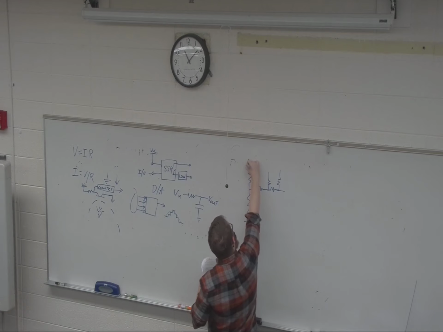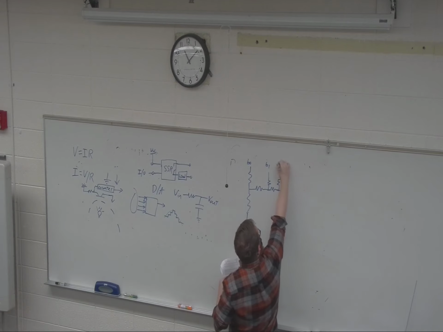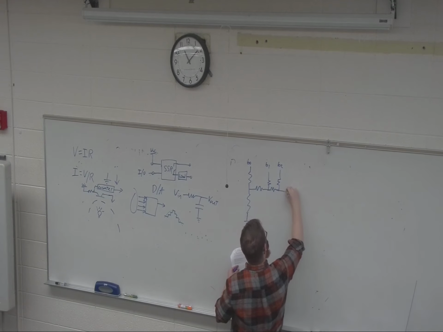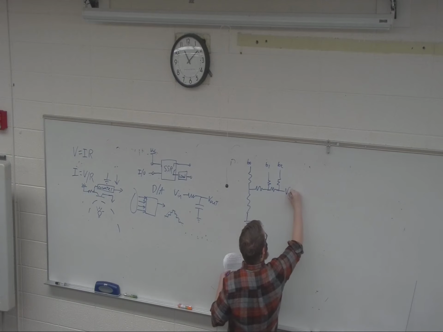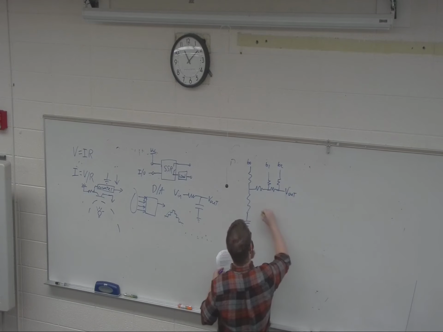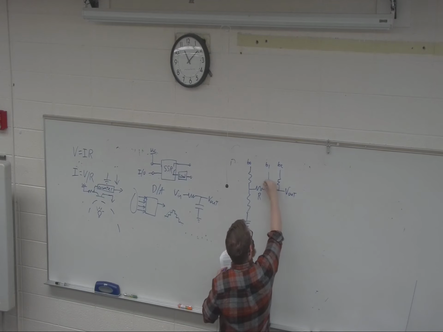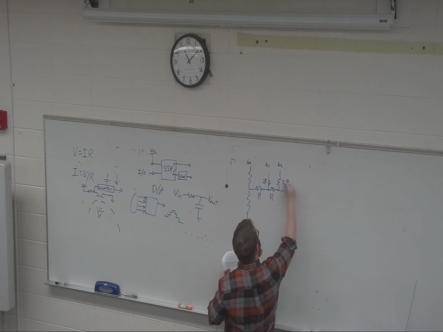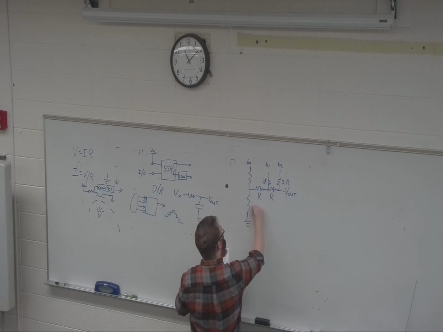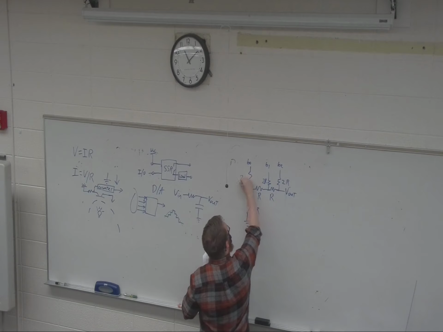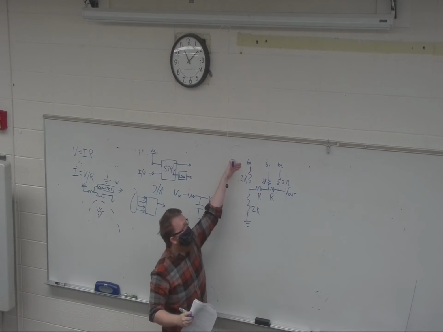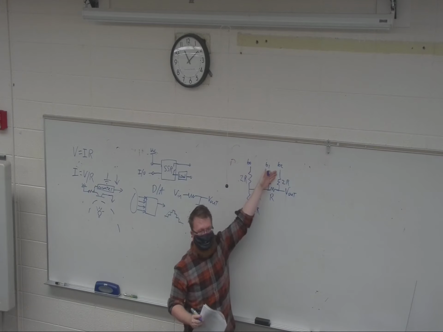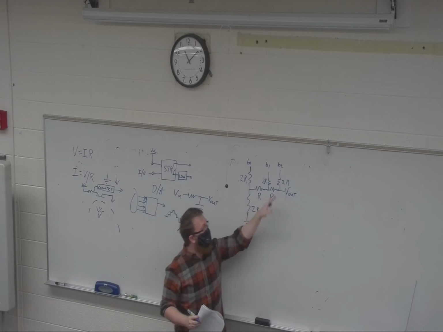And we're going to start with 0, 1, 2, out. And this is all it really is. So your bits, your digital data, comes in through these. They're either 1 or 0, right?